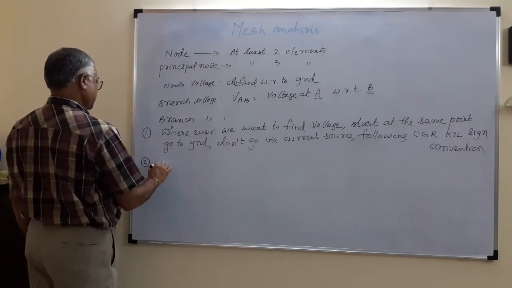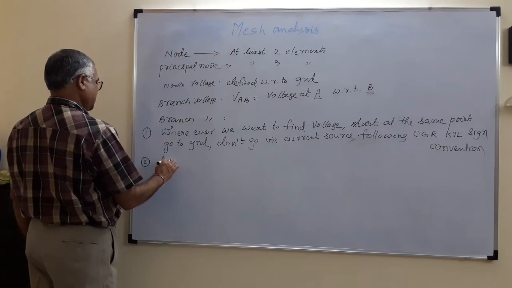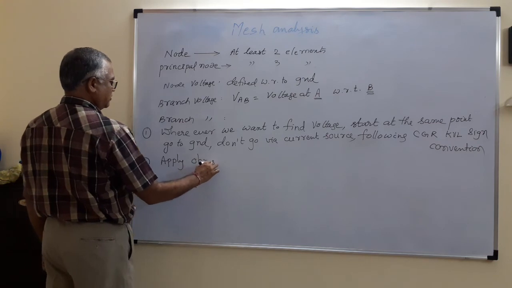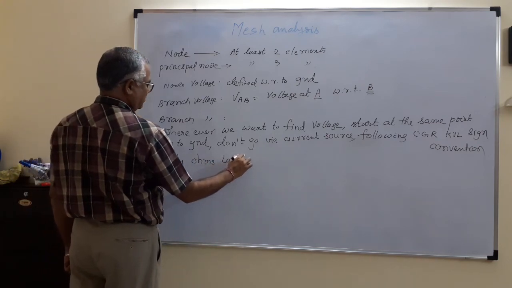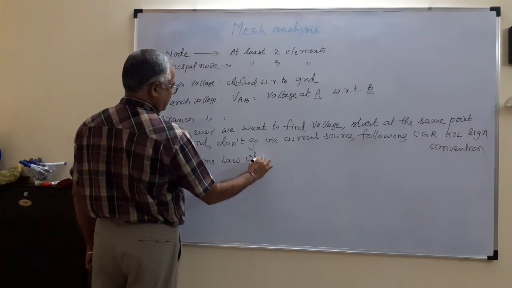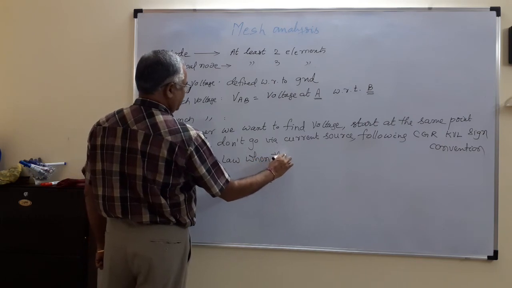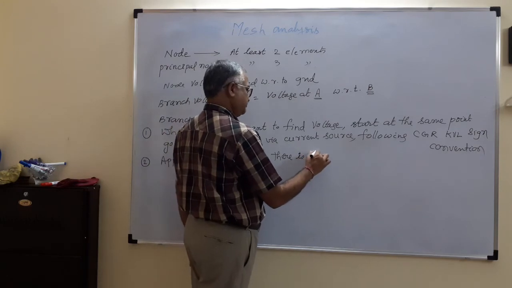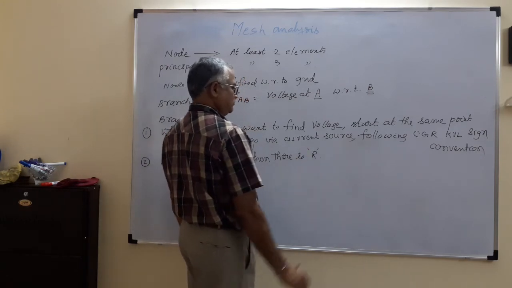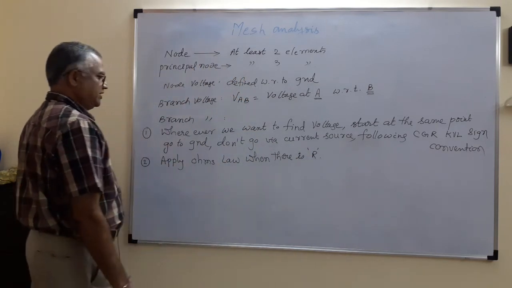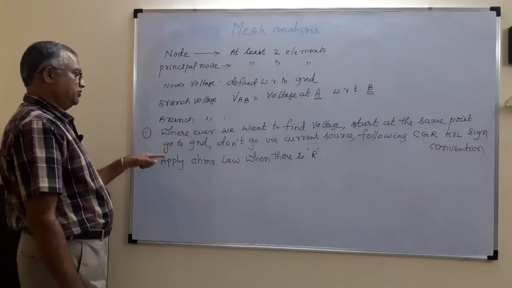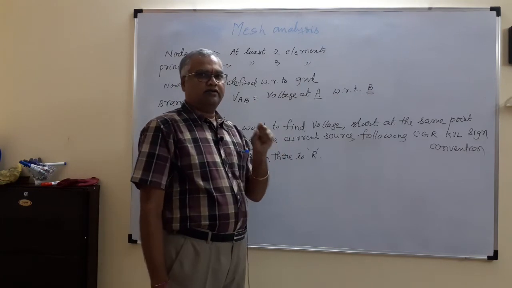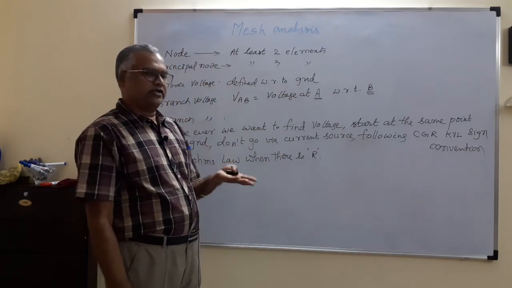Second, apply Ohm's law when there is a resistor. It looks so easy, simple, but very important to remember. I equal to V by R. R is there, na? V equal to IR. If R is there, use it.